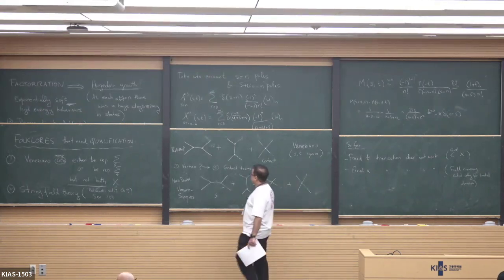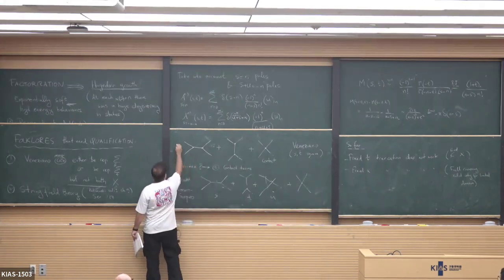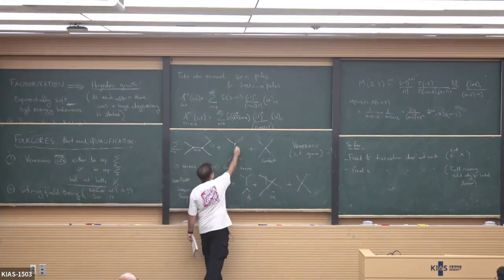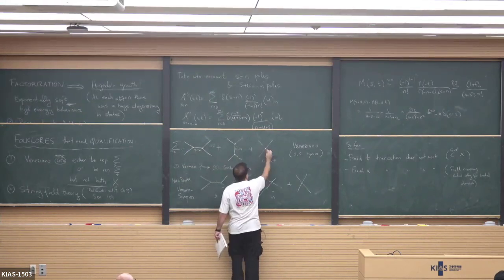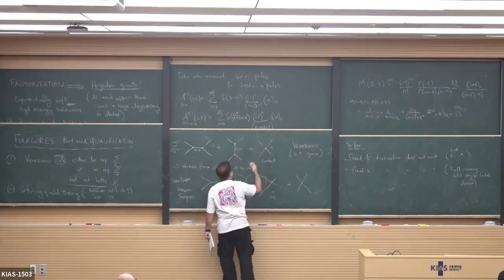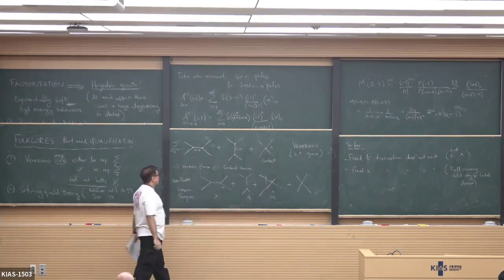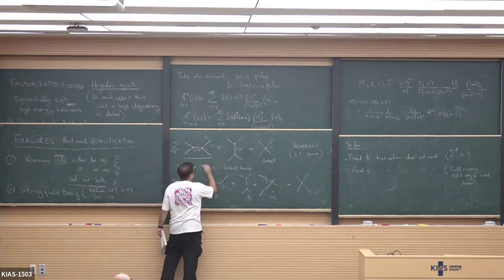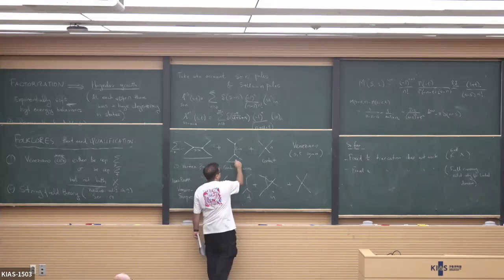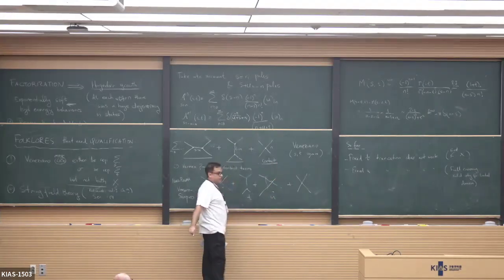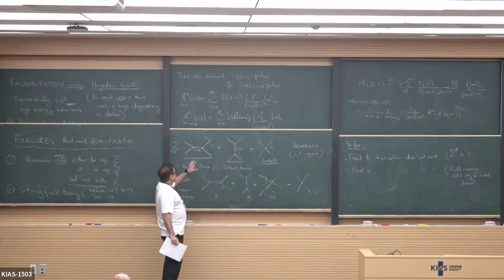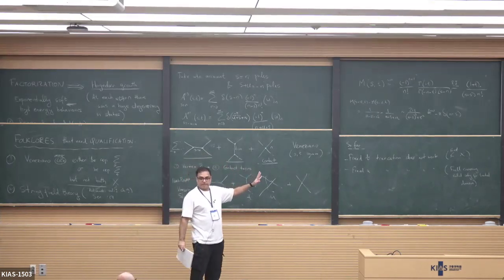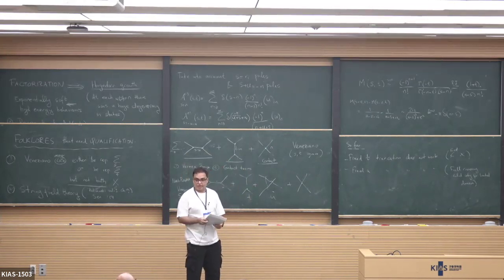So by that, I literally mean the following, that I should be able to write this as a sum, and then I'll see the poles, T minus N, and for each N, I will be able to identify some suitable set of contact terms. And the sum should be such that this guy converges on its own, this guy converges on its own, and this guy converges on its own. It is not as if I am adding these three to cancel divergences in one or the other. Okay, so that is the kind of representation that we are looking for.